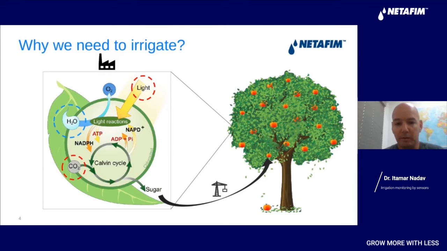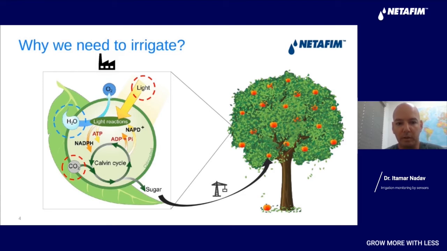So why do we basically need to irrigate? We have a plant or a tree, and in the leaves of this plant or tree, we have a lot of tiny factories that manufacture sugars, which are the building blocks of the crop, of the yield. In order for those small manufacturing machines to operate, we need several things.